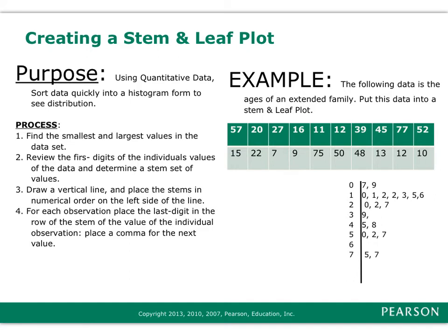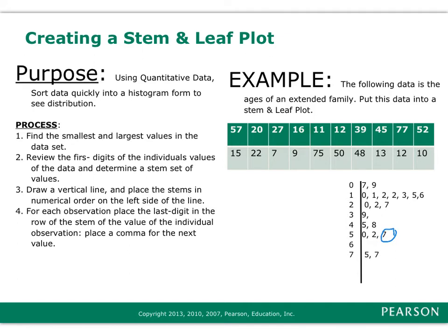As we put the numbers from 0 to 7 down on the left-hand side, we just put the numbers in the correct row for the last digit. So for example, 57 would ultimately go here with a 7 after the 5, and so forth.